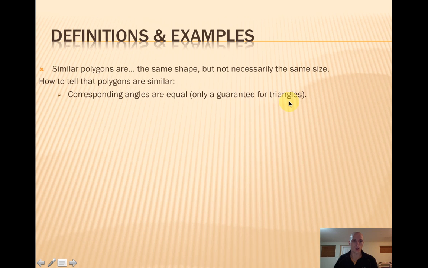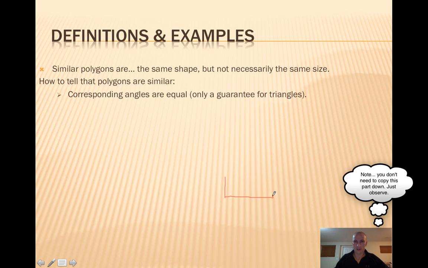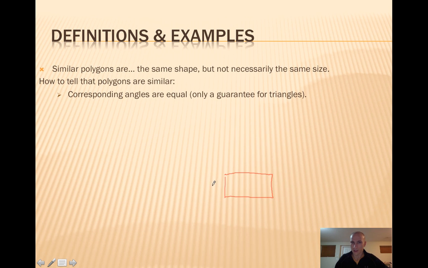When you have a quadrilateral, I'll just illustrate this, a really simple example to look at here is with a rectangle. So let's say that you have a rectangle and the sides are maybe of length 2 centimeters and let's say 4 centimeters, and then you've got a square which is 2 centimeters by 2 centimeters.